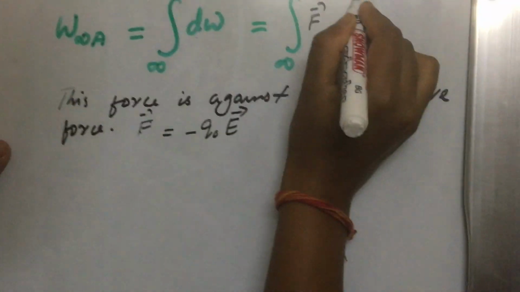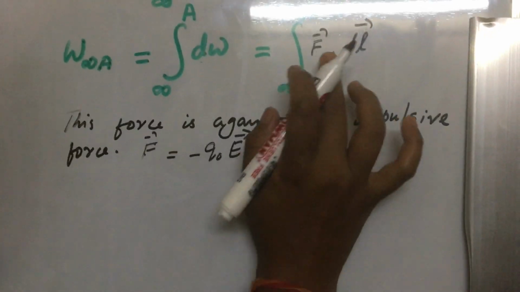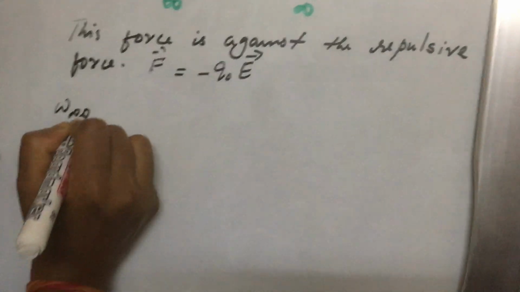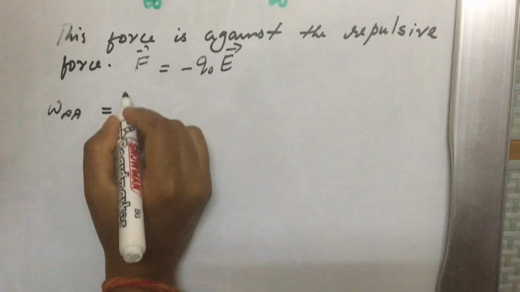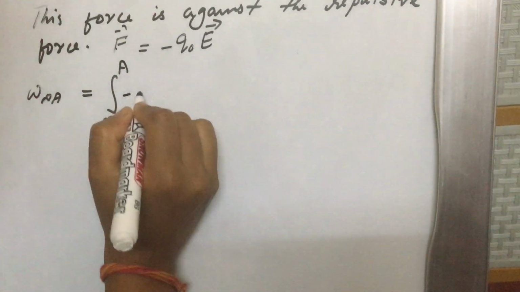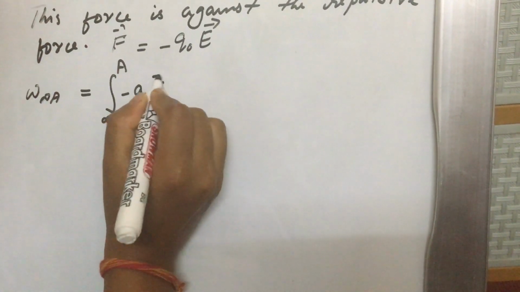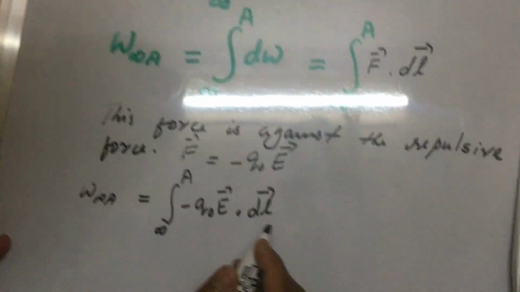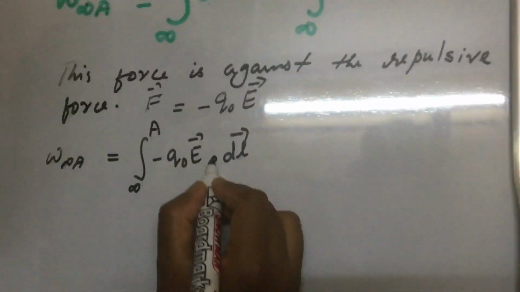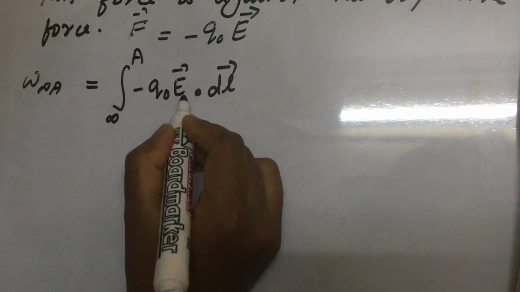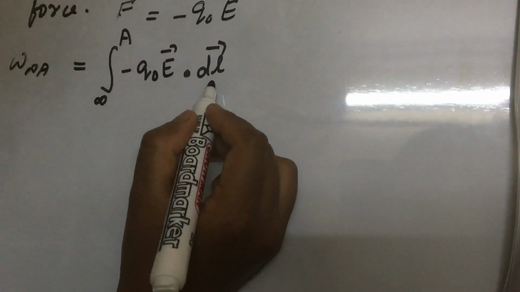Then this is F dot dl, right? Now what is this F? F is minus Q0E. Then W infinity A is equal to minus Q0 E dot dl, right? Now whenever there is a dot product, it implies the cos of the angle between electric field and dl, right?